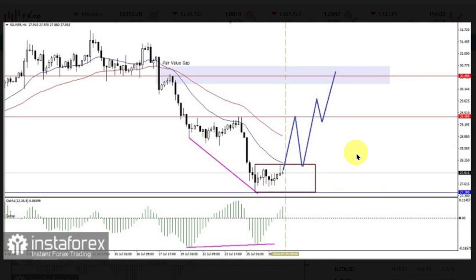Although on the 4-hour chart the silver commodity asset is in a sideways condition, it is under seller pressure, as indicated by the EMA 20, which intersects below the EMA 50.